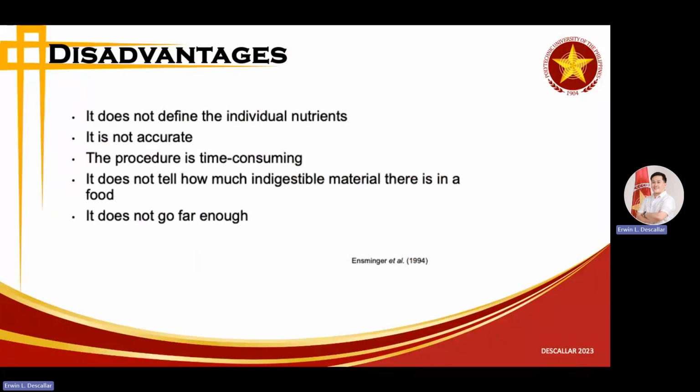But there are some methodologies or equipment that expedite that process, that time-consuming process. We now use advanced technology. It does not tell how much indigestible material there is in a food. That's why you're just computing the total dietary fiber. But the digestibility of protein and the digestibility of the fiber is not represented by the proximate analysis. And it does not go far enough, because it is only an approximation that we are doing here.